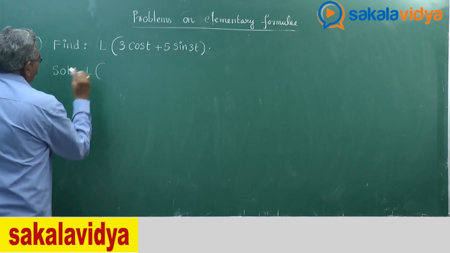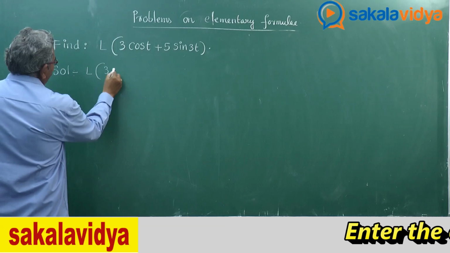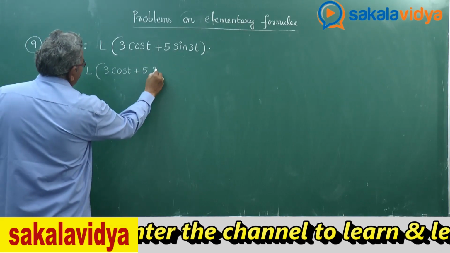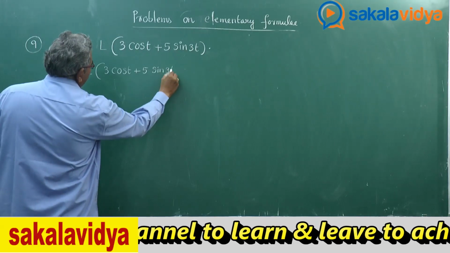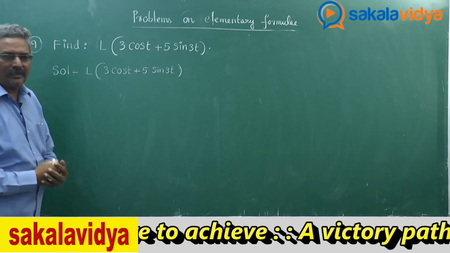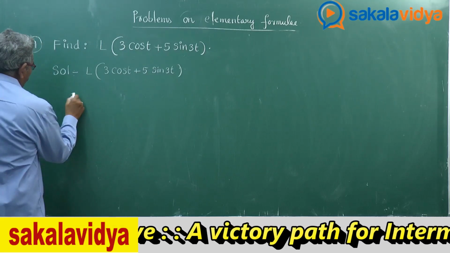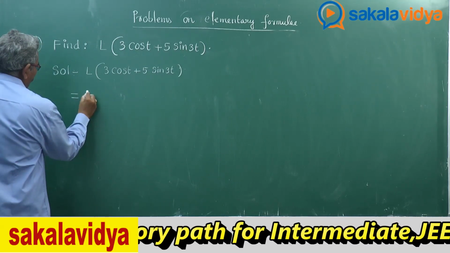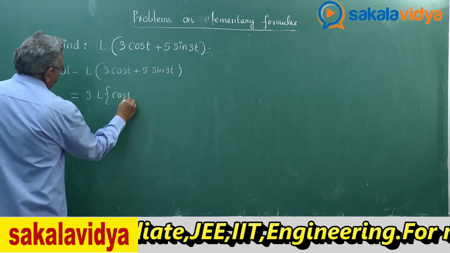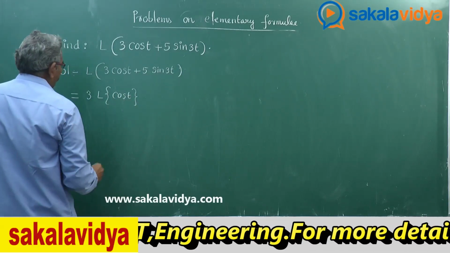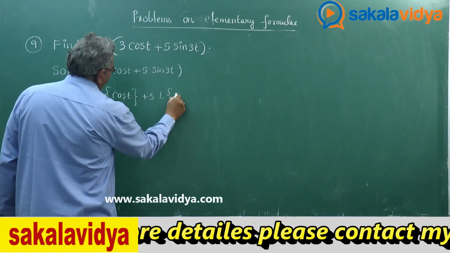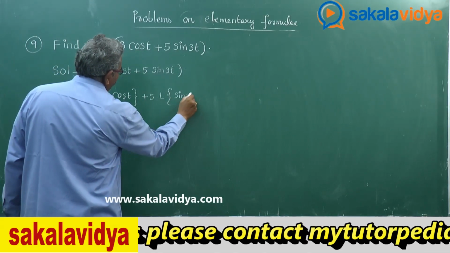Laplace transform of 3 cos t plus 5 times sin 3t. Applying the linearity property, this can be written as 3 times the Laplace transform of cos t plus 5 times the Laplace transform of sin 3t.